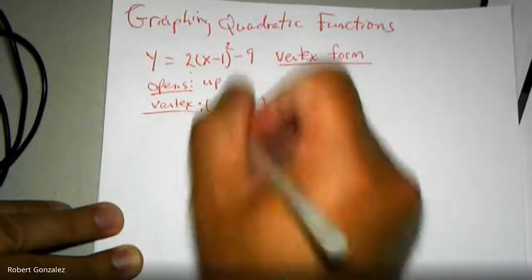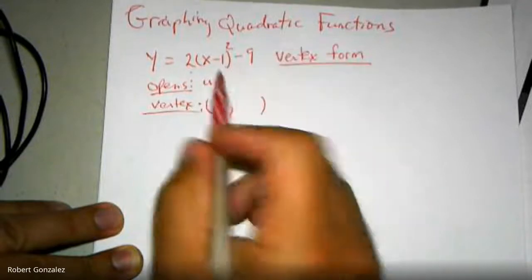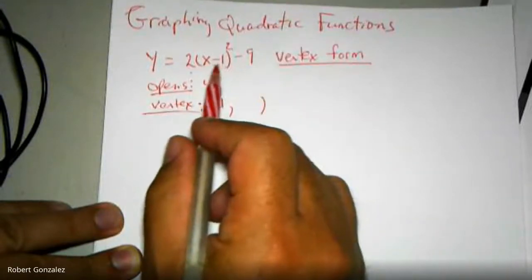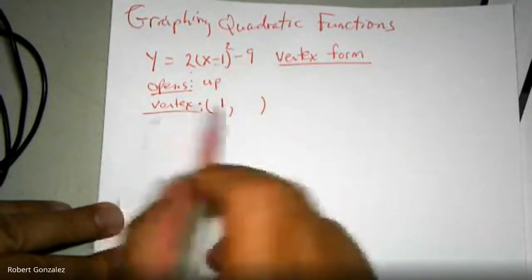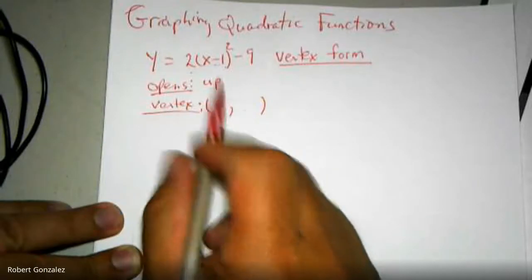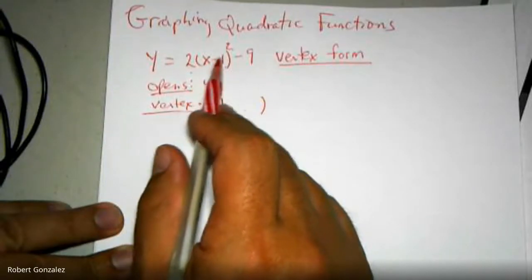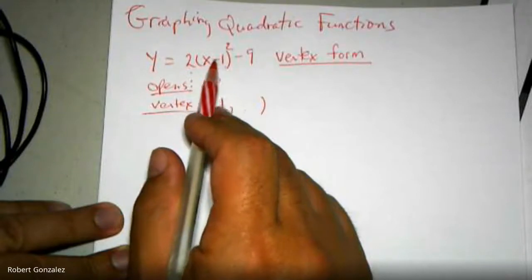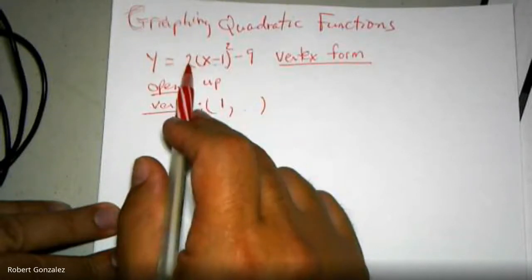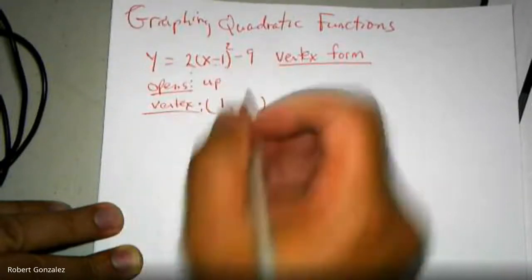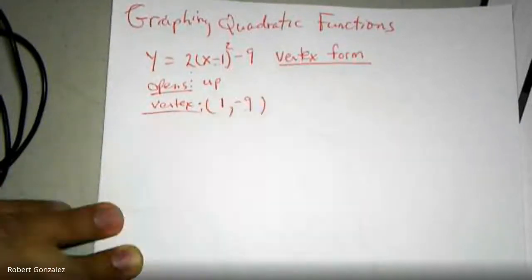The answer is 1. And it's always going to be the opposite of this number right here. Now, to get the y-coordinate, all I have to do is plug in 1. 1 minus 1 is 0. 0 squared is 0. Times 2 is 0. I'm left with a negative 9. That is my vertex.